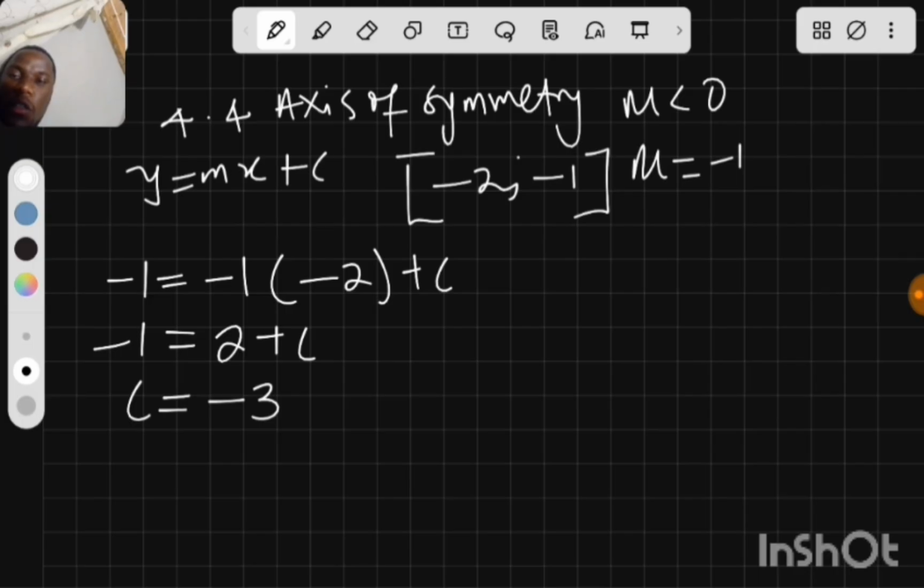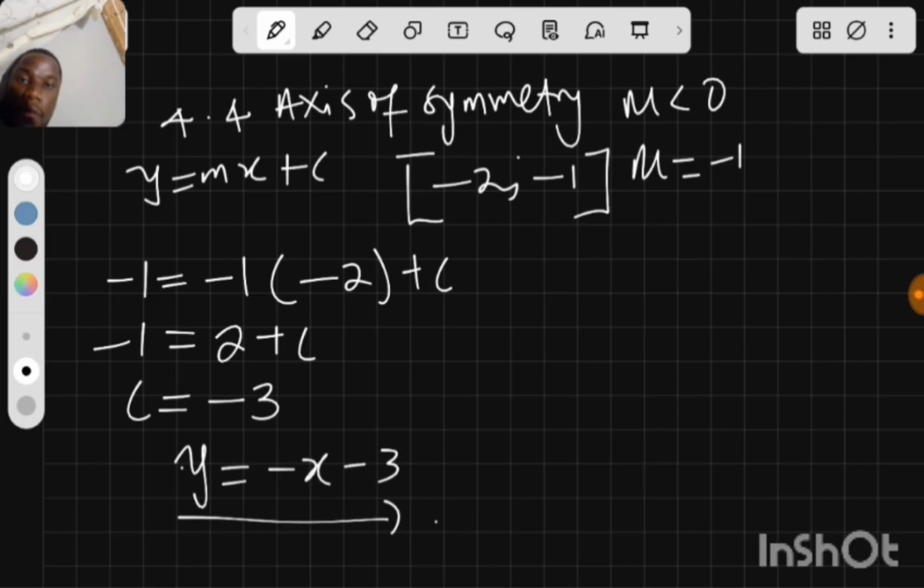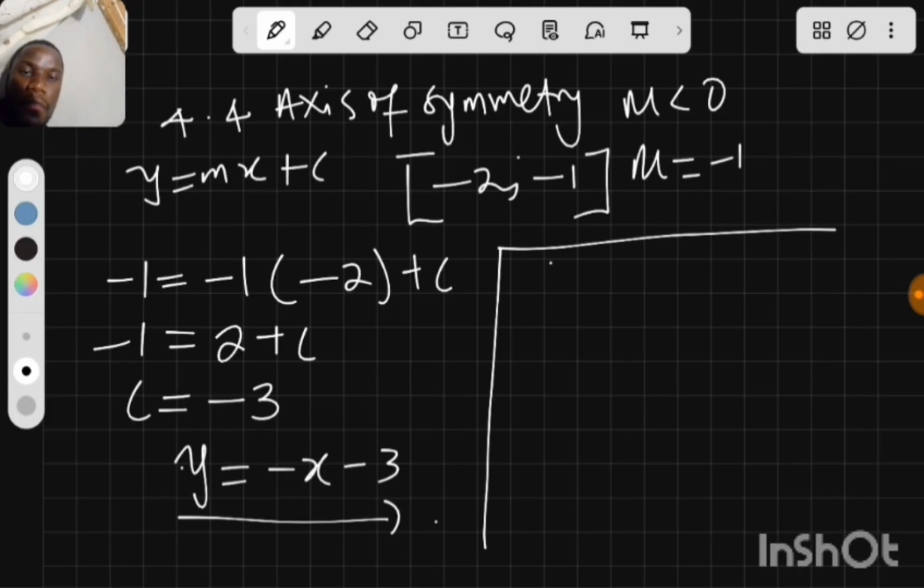That means our equation will be y equals minus x minus 3. Very simple. Always when dealing with the axis of symmetry, make sure that you use the given asymptote. Then check 4.5.